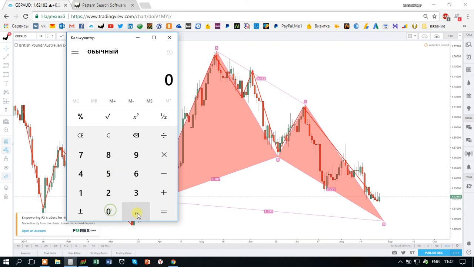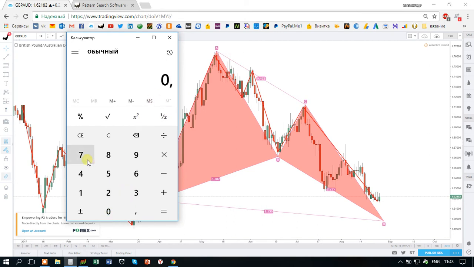Let's do the calculation. 0.786 is the ratio of the butterfly, and 0.61A is the ratio of the Gartley. This is the difference between the two. If we divide it by 2, we will find the middle line, 0.84.